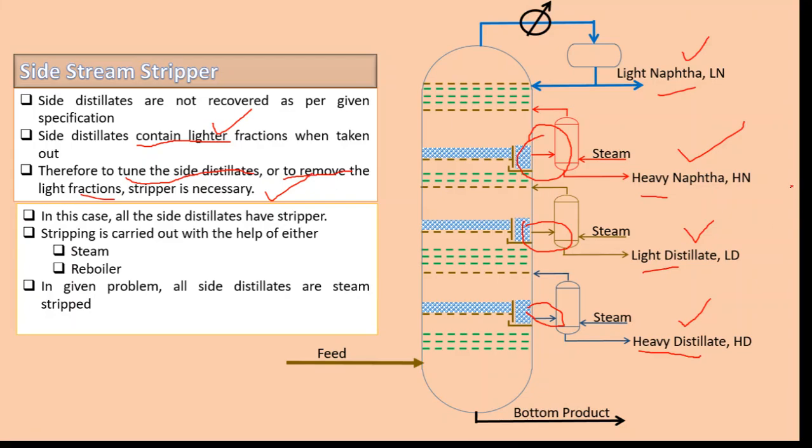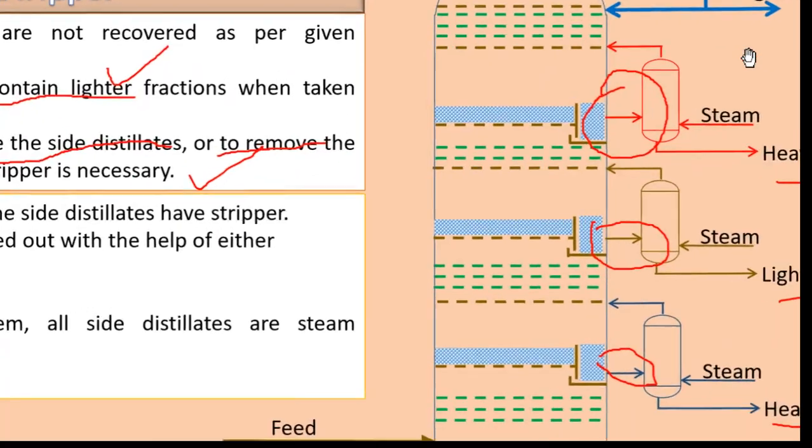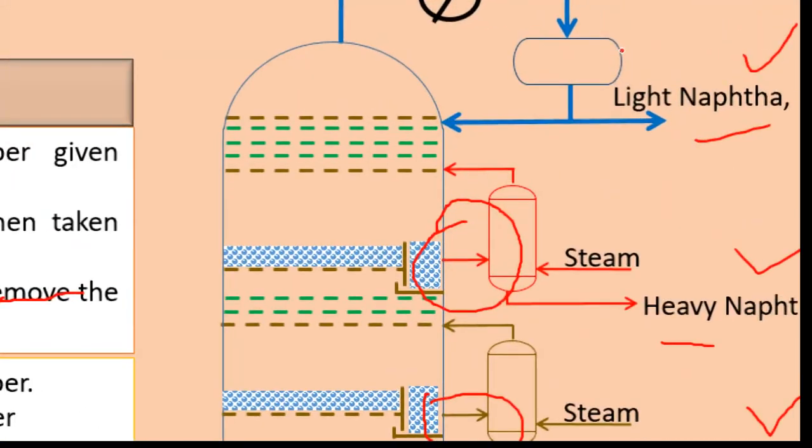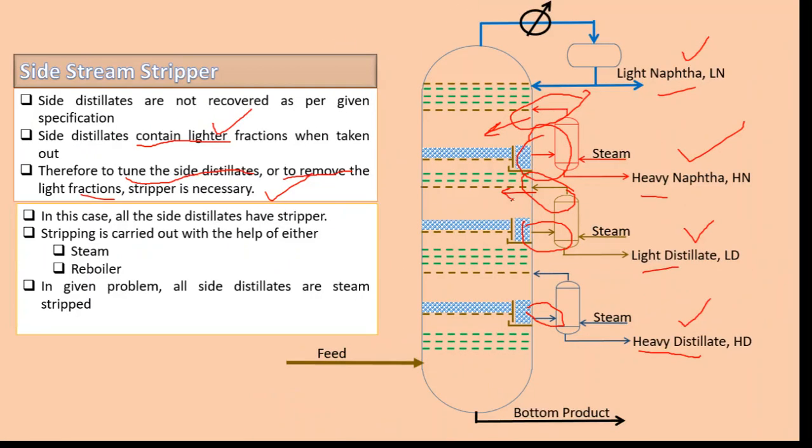In this graph, it is very clear that the lighter ones are returning back into the column. The lighters of every product are returning back into the main column, the atmospheric distillation column. Only the desired specified products are taken out from the stripper.